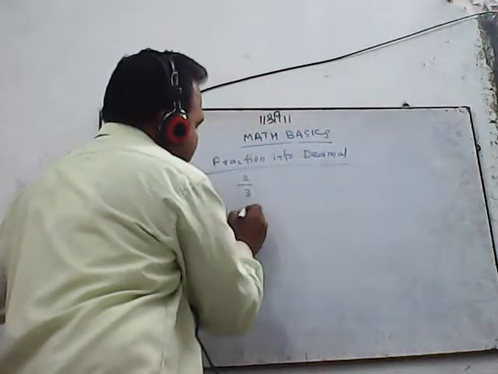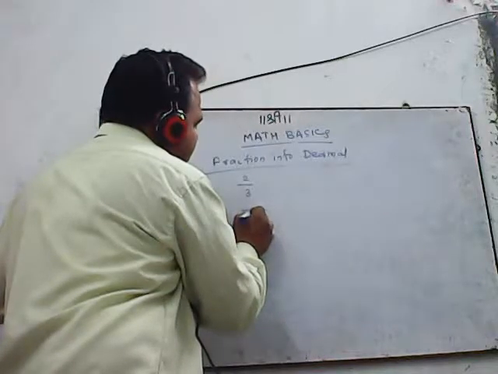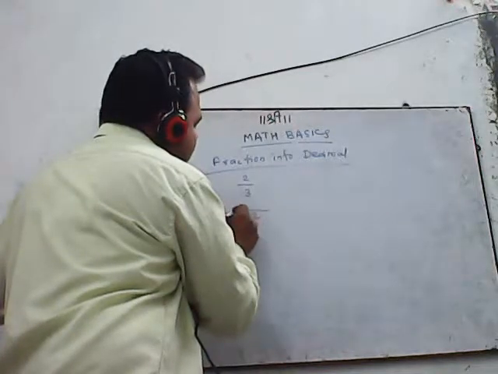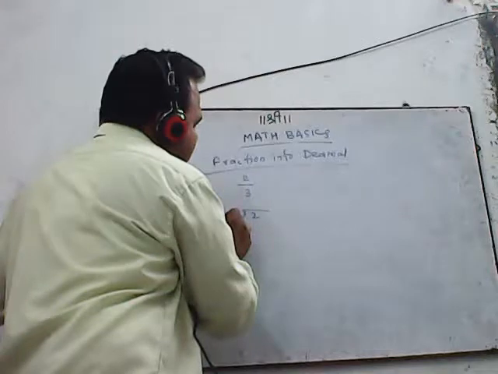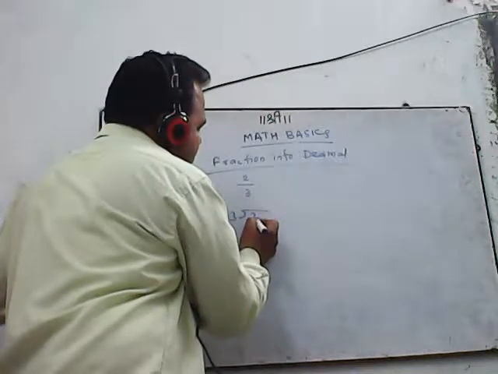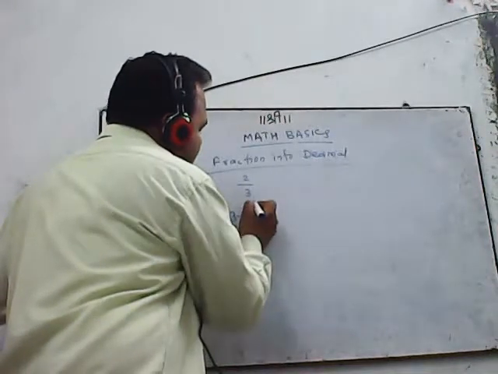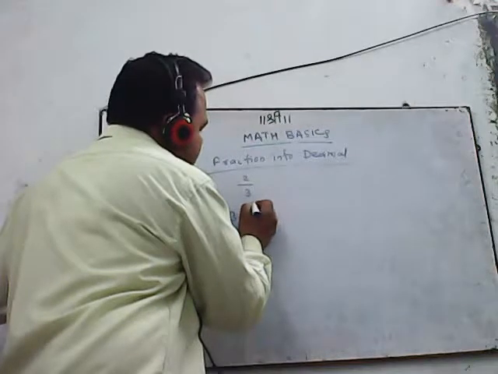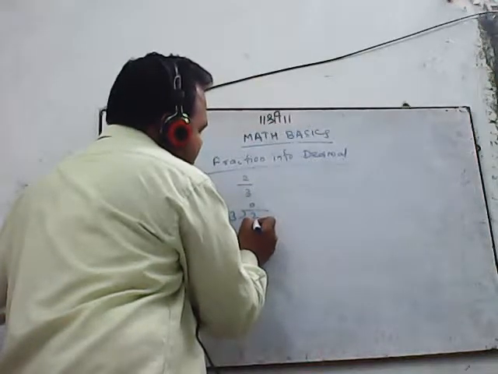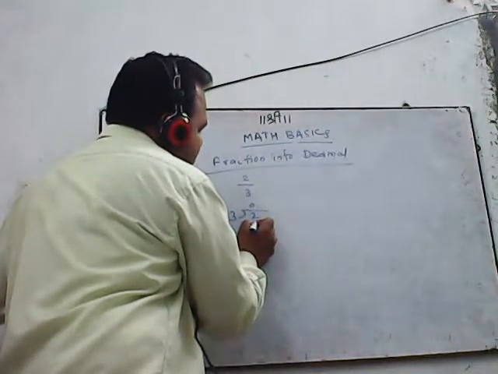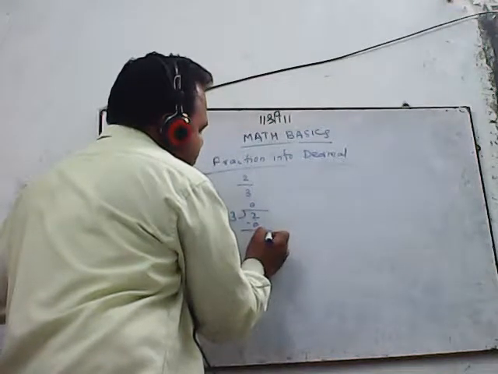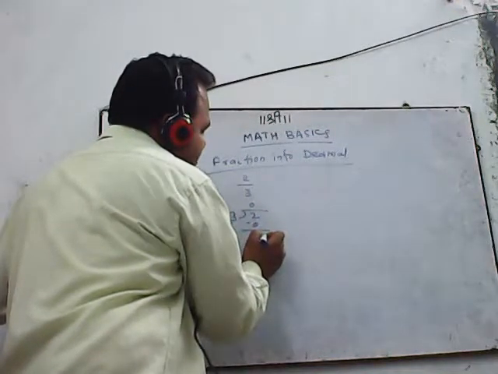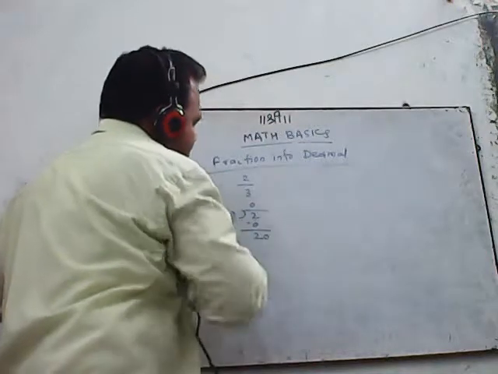How will you convert this? By dividing 2 upon 3, that is 2 divided by 3. As this 2 is smaller than 3, we put 0 point here. Then we bring a 0 next to the 2.